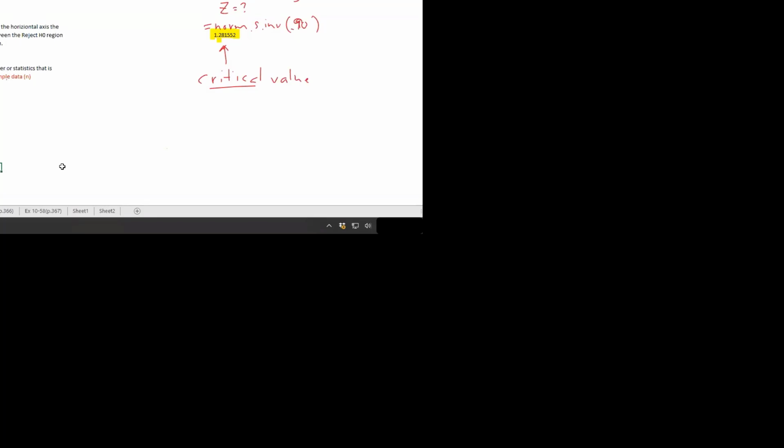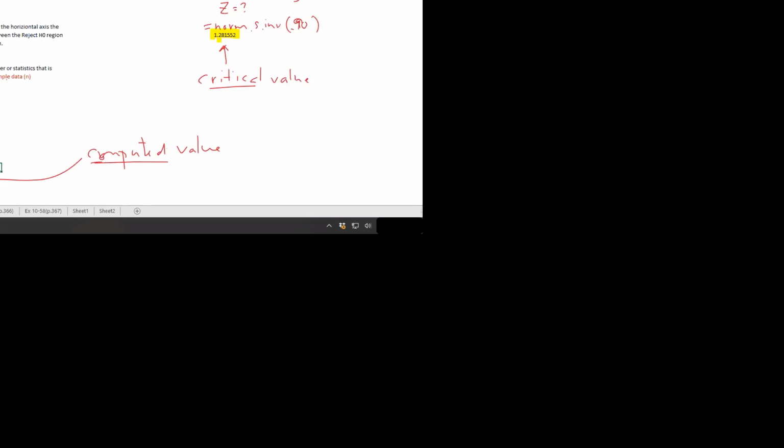So what do we call this? The computed value, or computed statistic. Good. Where is the computed value with respect to the critical value?